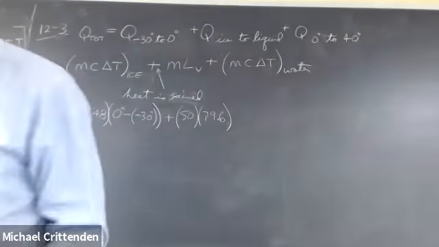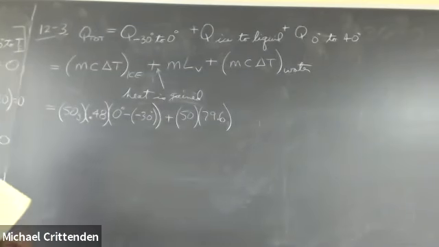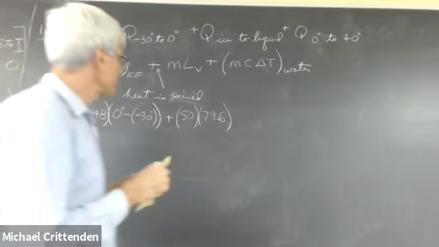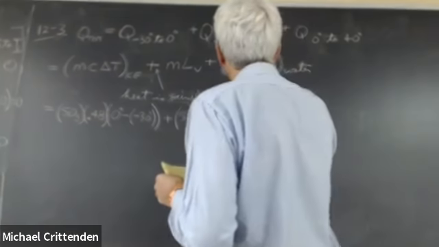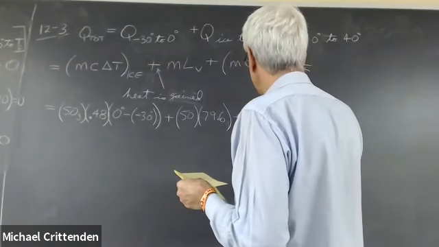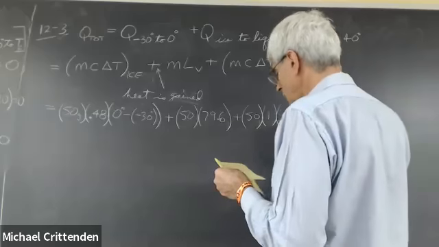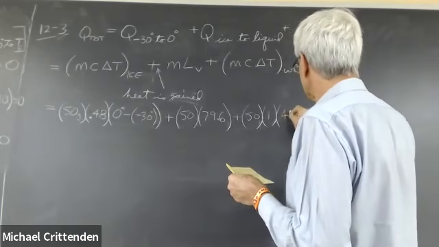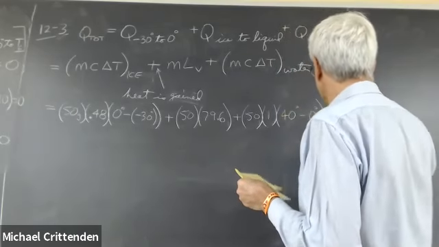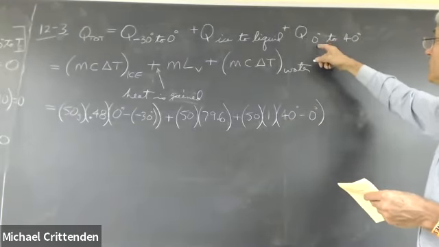It gives the heat of fusion as being 79.6 calories per gram. Still 50 grams for the mass. Specific heat of water is 1. T final minus T initial going from 0 to 40.